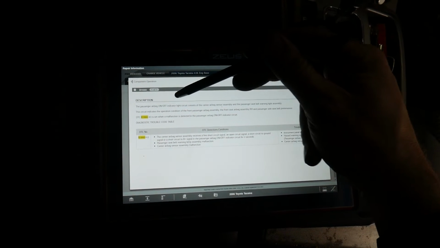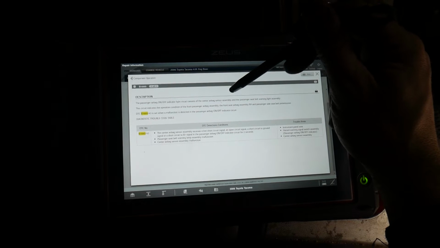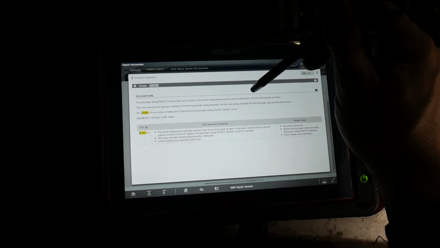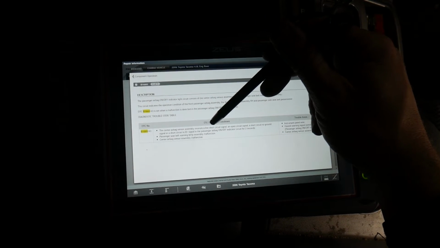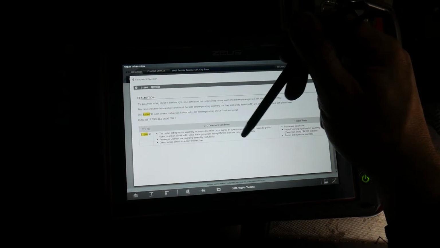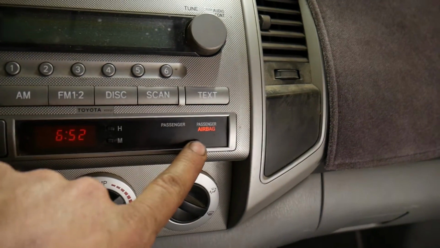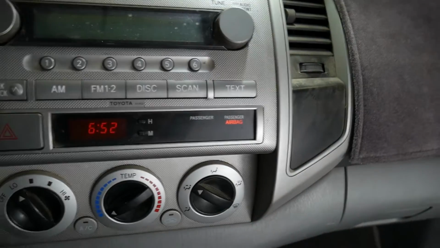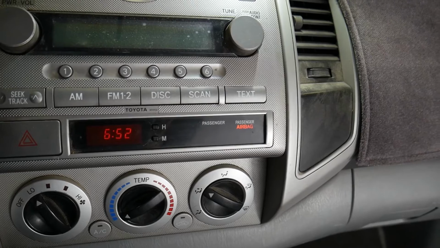Passenger airbag on-off indicator light circuit consists of the center airbag sensor assembly and the passenger seatbelt buckle warning light assembly. So what it's saying is there's a problem here. I don't know, both lights are working right now, so I'm not going to worry about that one, and I'm just going to focus on the driver's side airbag circuit.